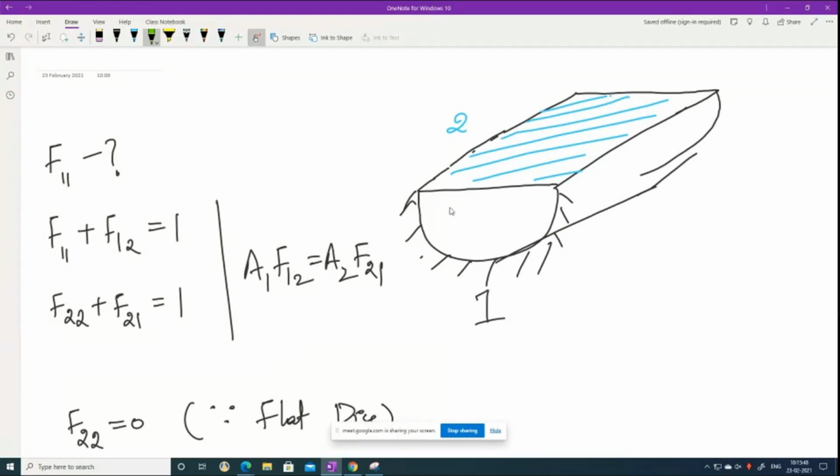So if you consider a length L here, this is your length L. A semicircular duct will have length and it will also have a diameter. If this is the case, what will be the area? It is a rectangular area. So what you get is L into D.